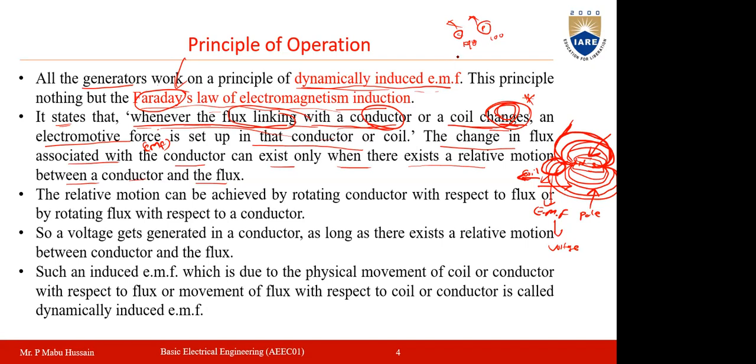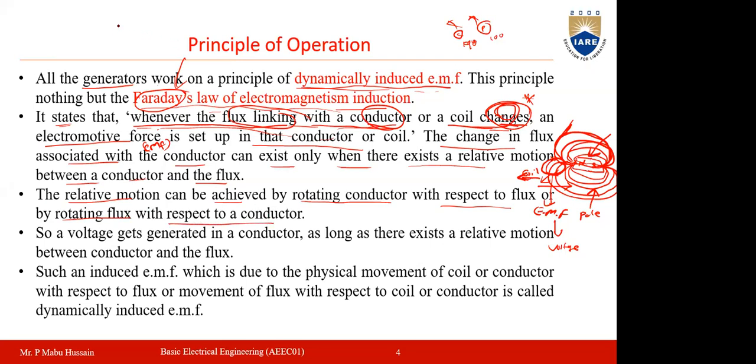So there must be some relative motion between the conductor and the magnet to get EMF in the conductor. How can you achieve this relative motion? You can achieve it either by rotating the conductor with respect to the flux, or by rotating the flux with respect to the conductor.